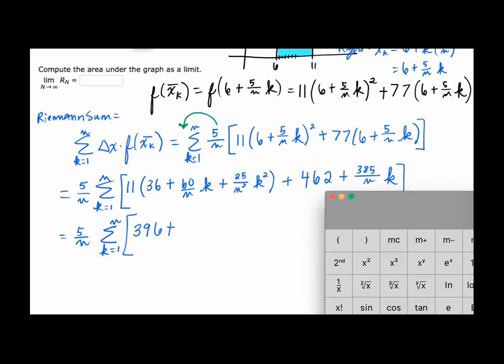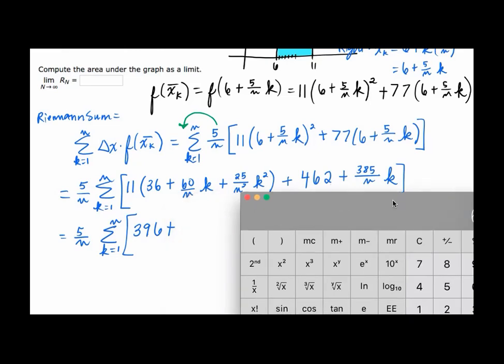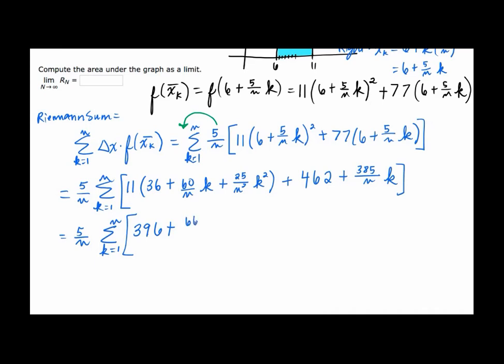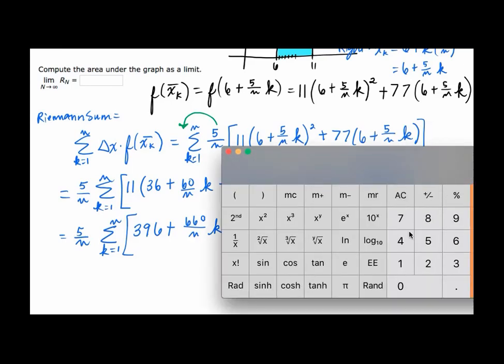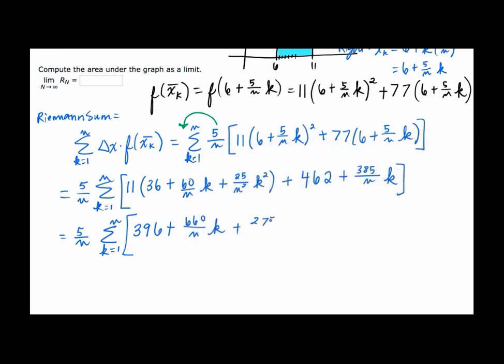Plus, now I've got 60 times 11, which is 660 over n times k, plus 25 times 11, which is 275 over n squared k squared, plus 462 plus 385 over nk.